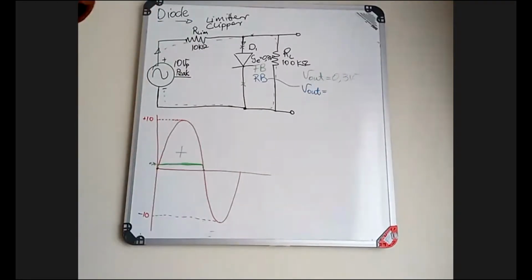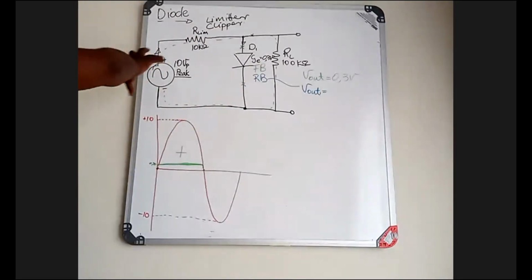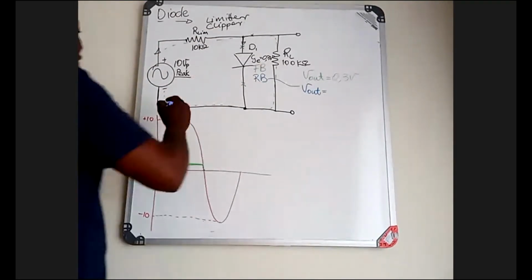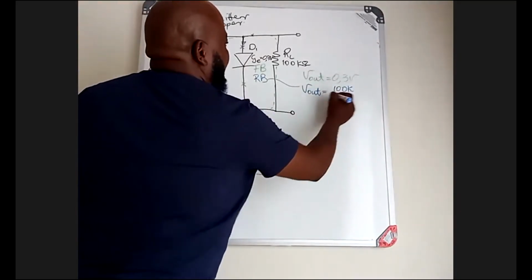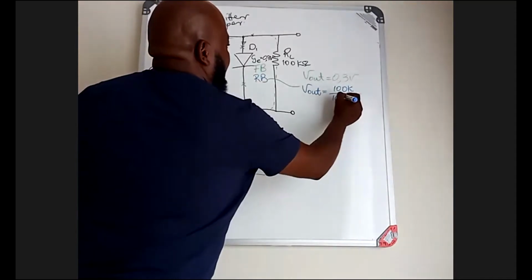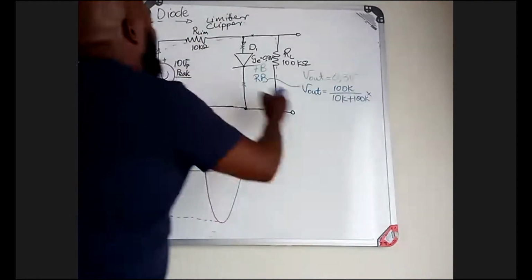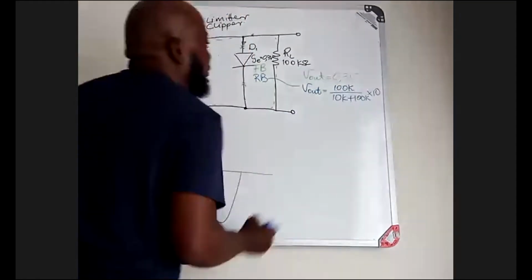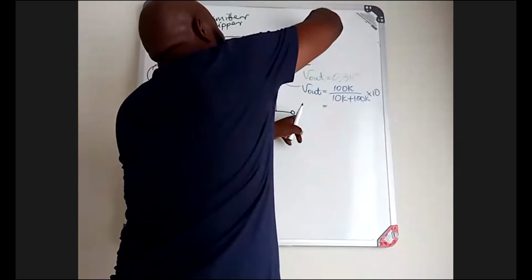So I need to apply the voltage divider rule, because the sum of voltages across your closed loop circuit must equal your supply voltage. So I say my 100K, which is my RL, divided by 10K plus 100K, multiplied by your input voltage, which is your 10 volts. That is the voltage that I'm going to measure at the output.